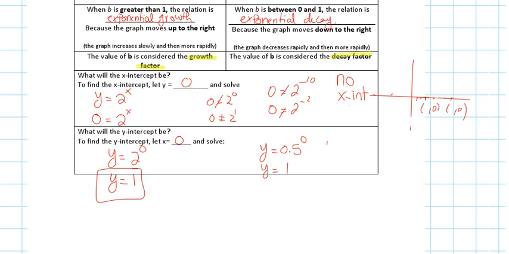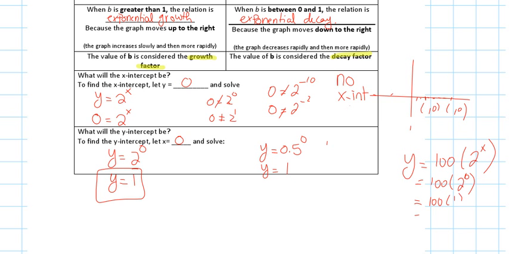What if your initial value was 100? So let's say I have this question. What would be your y-intercept? 100, right? Because I will have 100 times 2 to the power of 0, and 2 to the power of 0 is 1. So that's 100 times 1, which is 100.